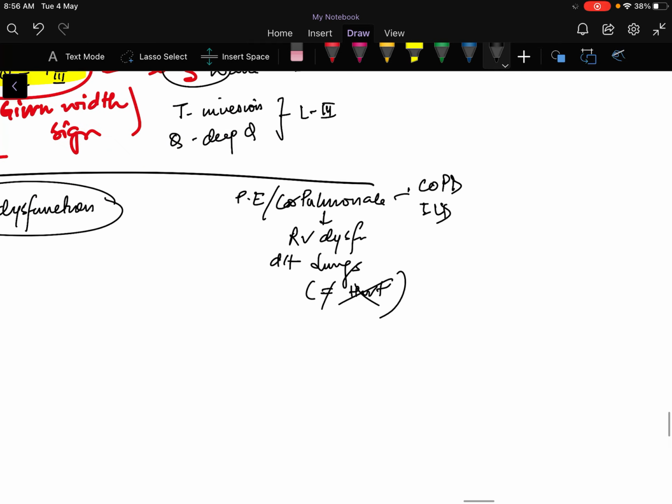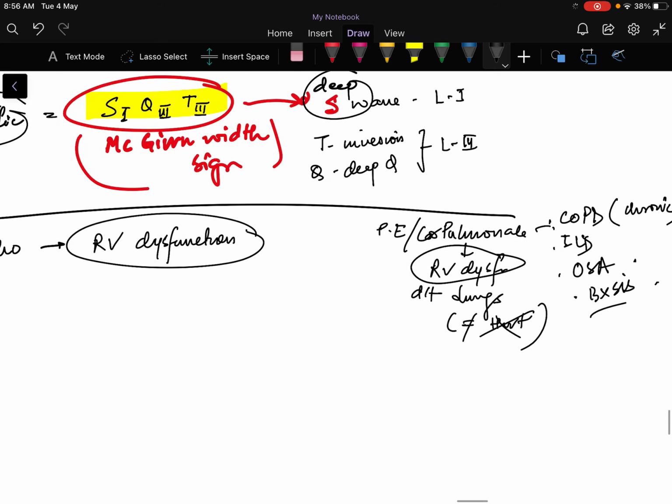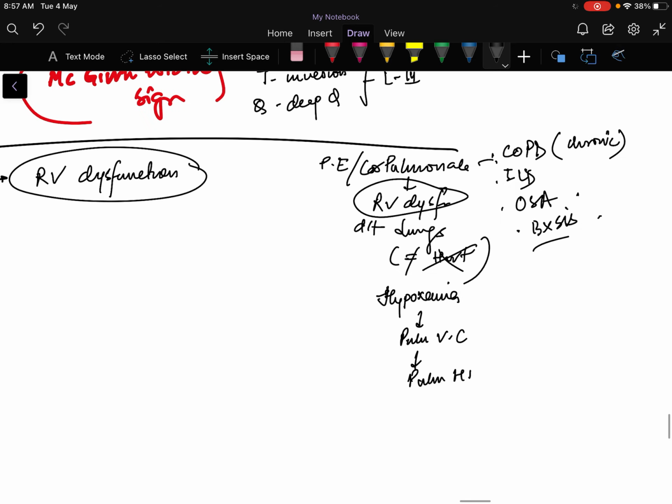COPD, interstitial lung disease, these are the chronic causes of right ventricular dysfunction. ILD, obstructive sleep apnea, or bronchiectasis. So right ventricular dysfunction because there is hypoxemia leading to pulmonary vasoconstriction, leading to pulmonary hypertension, and leading to right ventricular dysfunction.